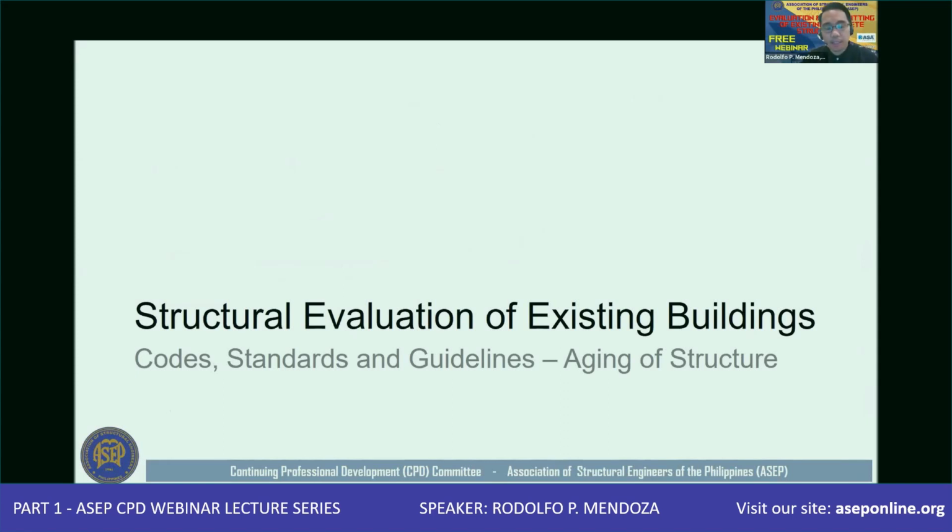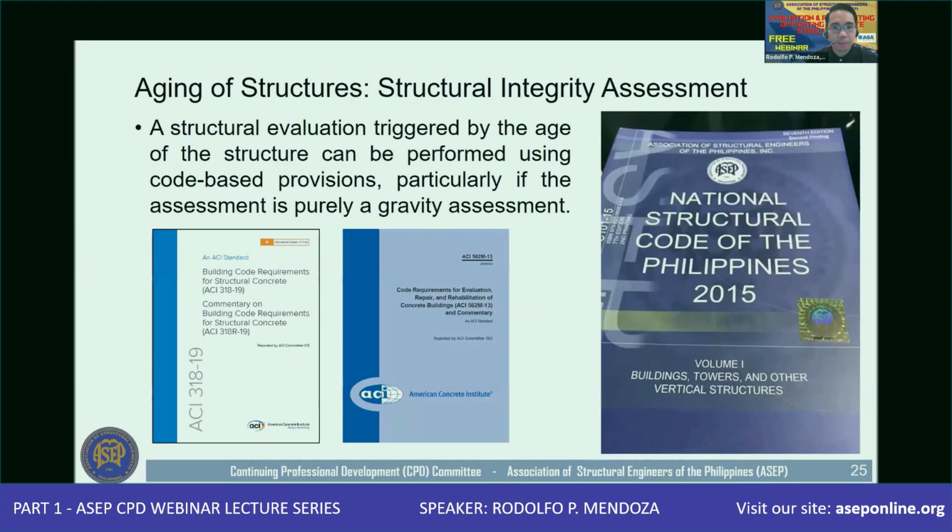Now, for codes, standards, and guidelines we use in evaluating existing structures that were induced by the age of these structures, we have the following. In conducting a structural integrity assessment, for example, particularly when the focus is not really on the seismic evaluation but on the gravity assessment of existing structures, we normally use, again, the National Structural Code of the Philippines in performing the evaluation.